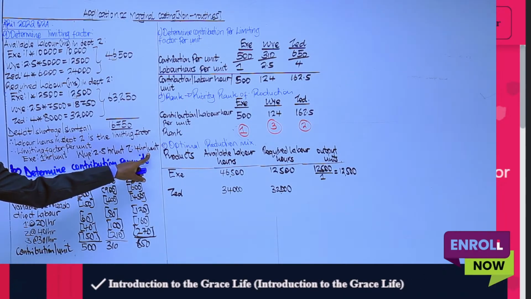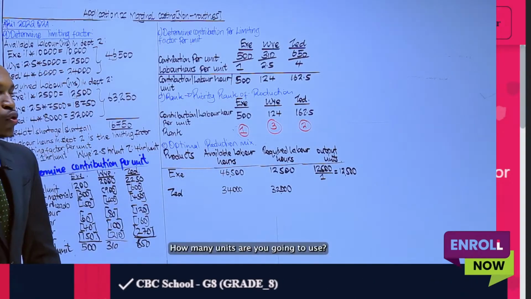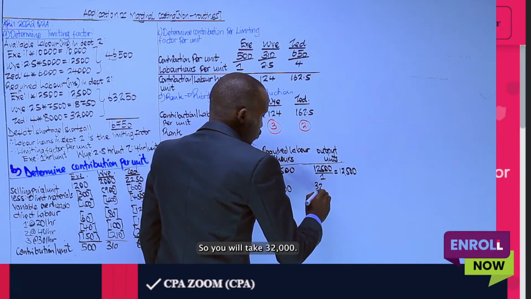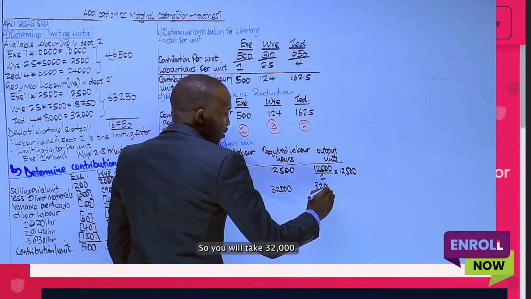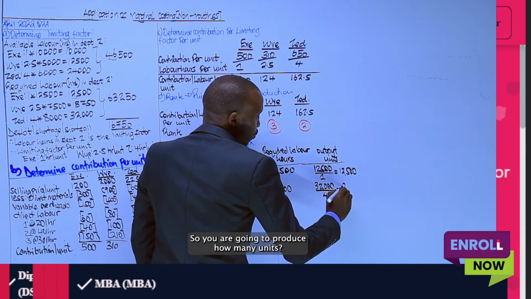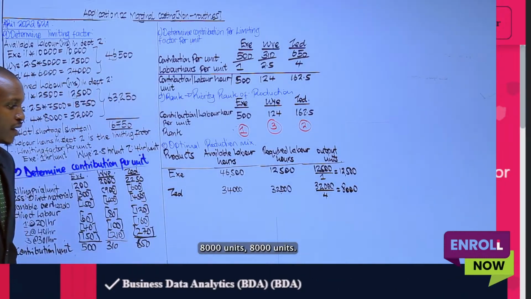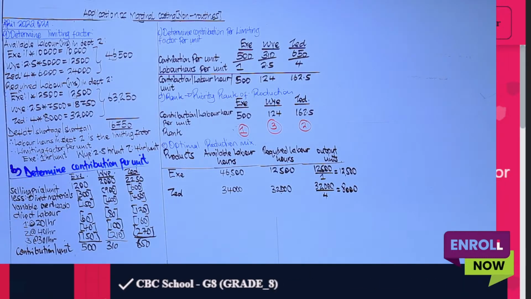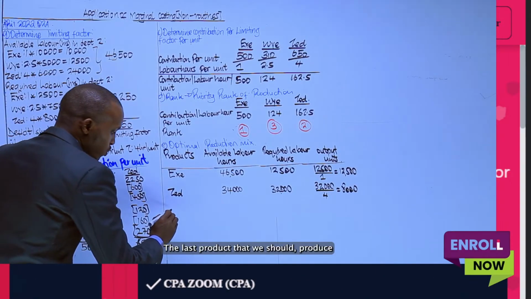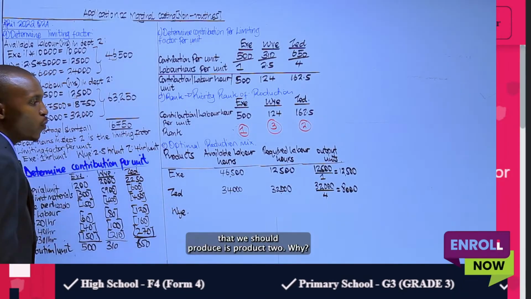If you currently have 32,000 labor hours, you take 32,000 and divide by 4. So you're going to produce 8,000 units.